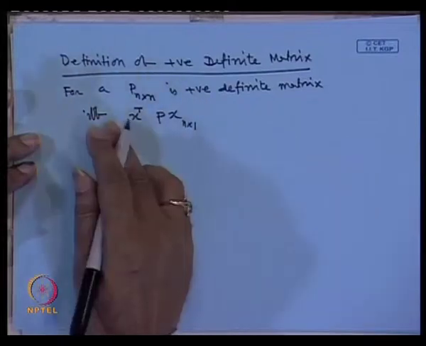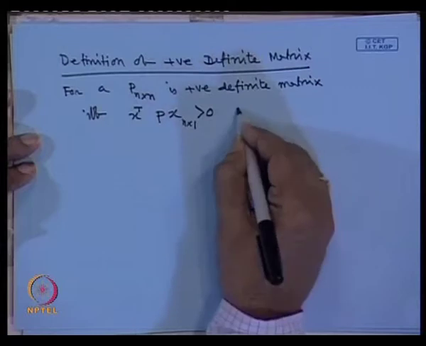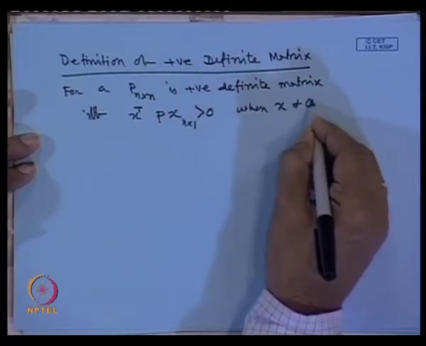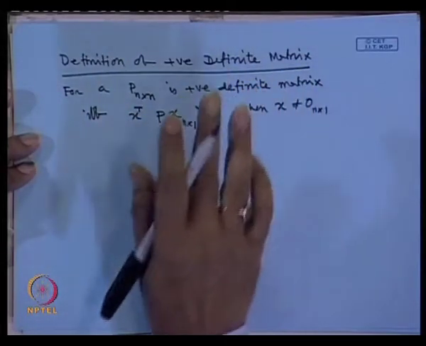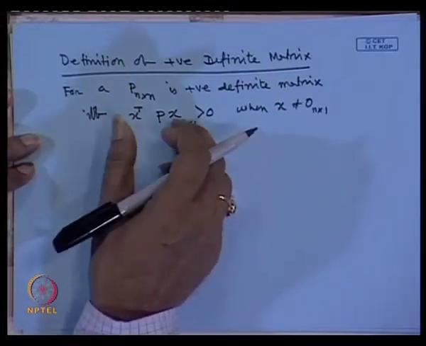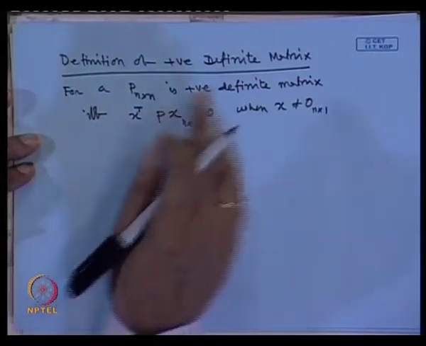If this quantity is greater than 0 when x is not equal to the null vector, then we will call the matrix positive definite. But see, this has become a quadratic function now. So what does this mean?